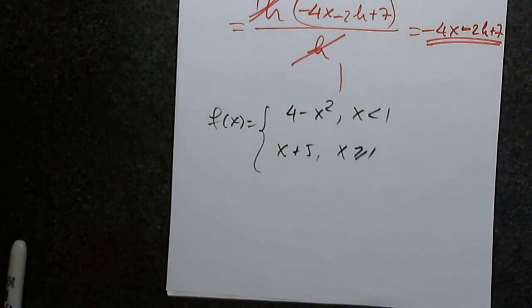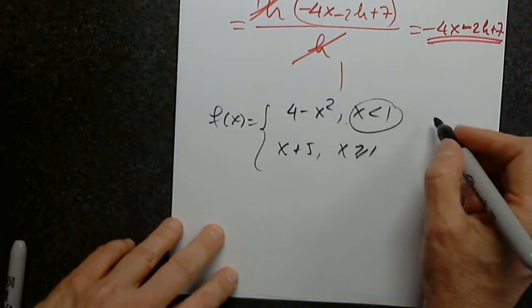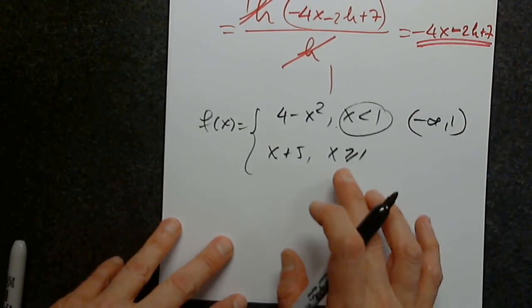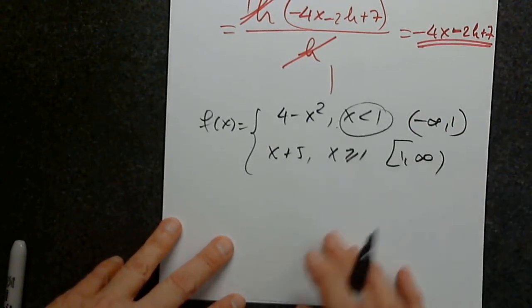What do I have to determine from the very beginning? The domain. For any function, when I'm asked to graph, I always have to start with the domain. Correct. So this signifies negative infinity to 1, and obviously this signifies 1 to infinity.